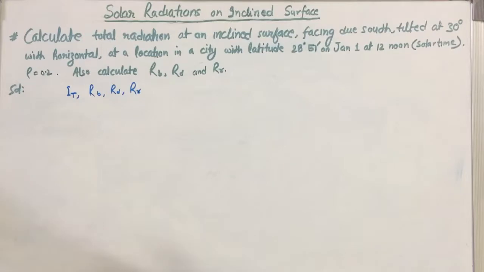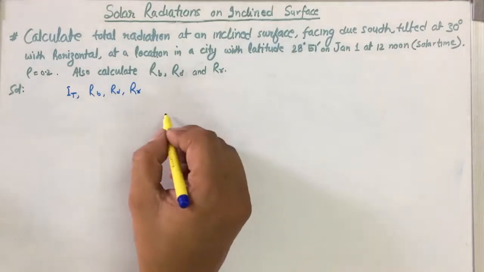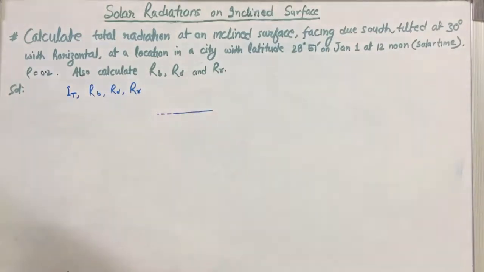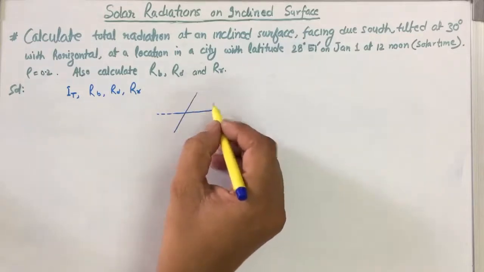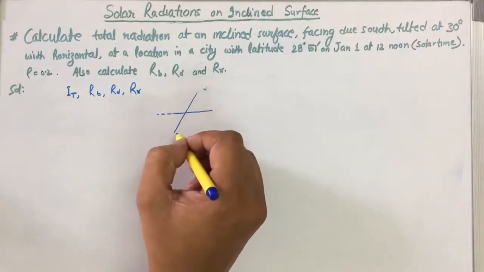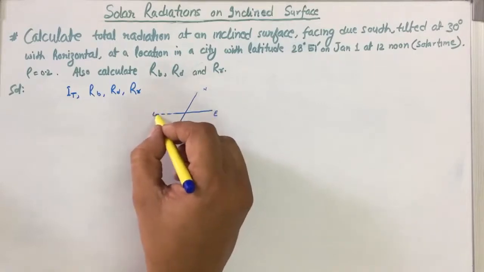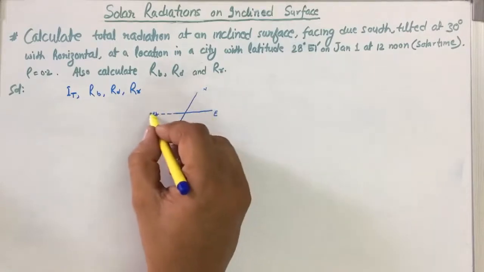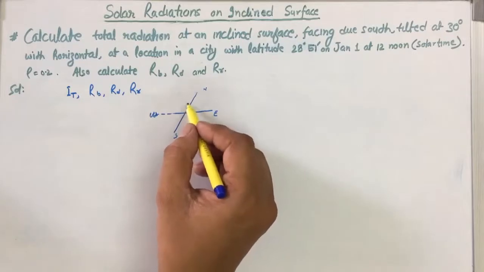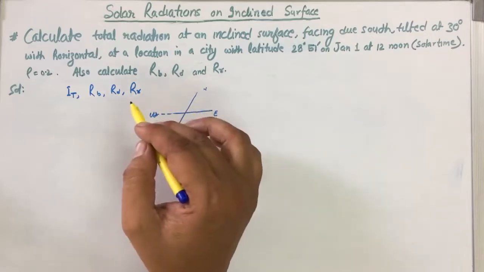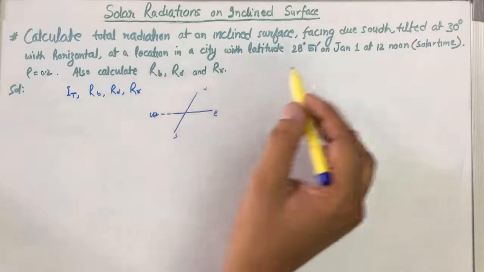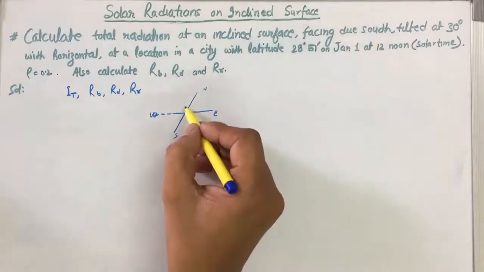So just try to draw the image. This is the horizontal surface. This is north, south, east, west. This is the horizontal surface, and for example our collector is facing south.